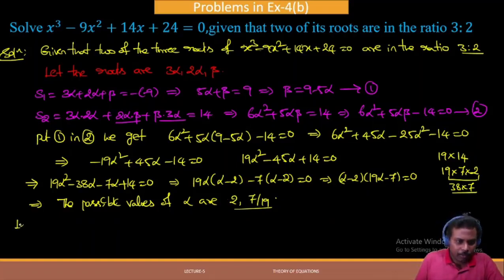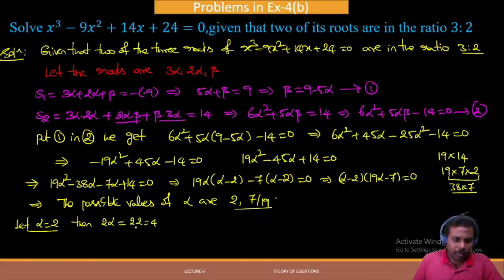Let my alpha be equal to 2. If alpha is equal to 2, then 2 alpha is equal to 4. Let me check whether 4 is a root or not. Put 4 in the given equation.